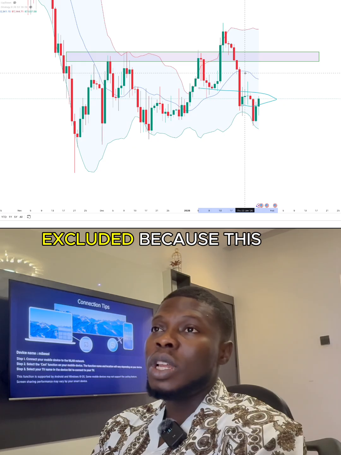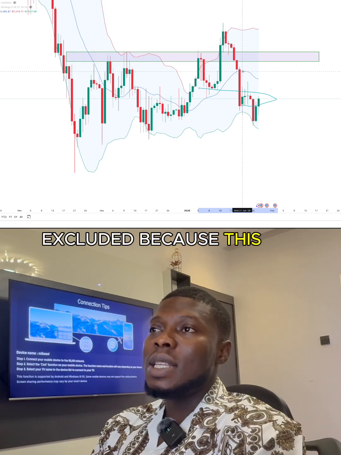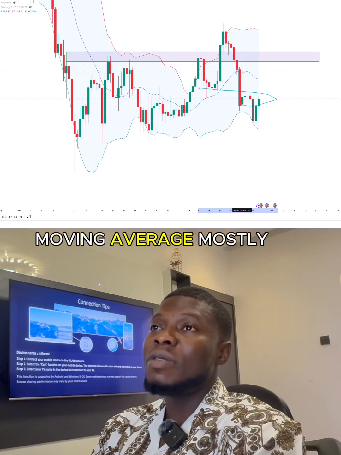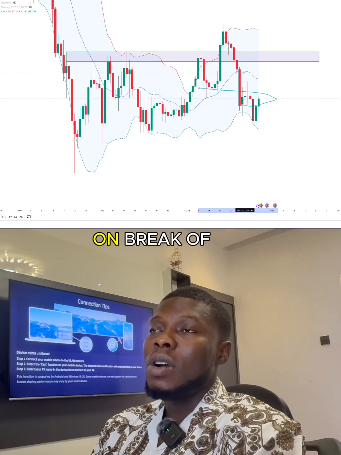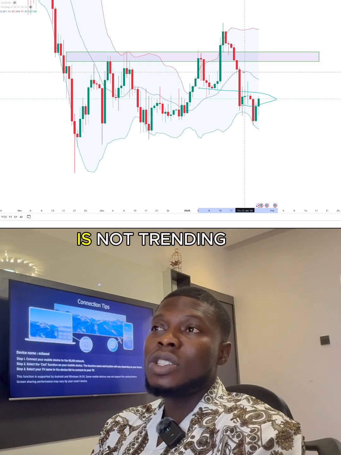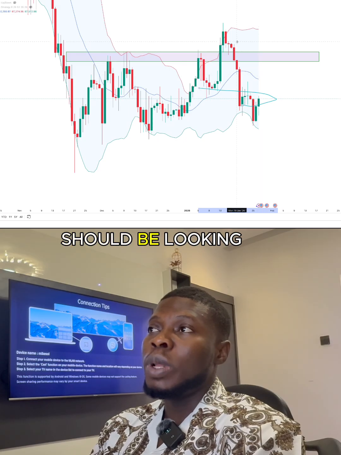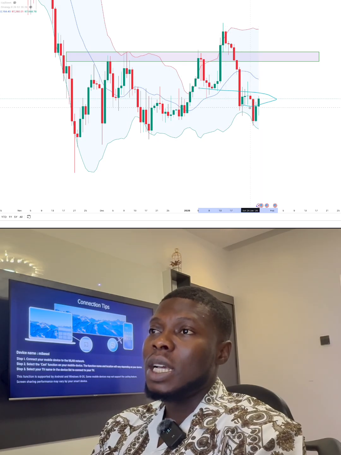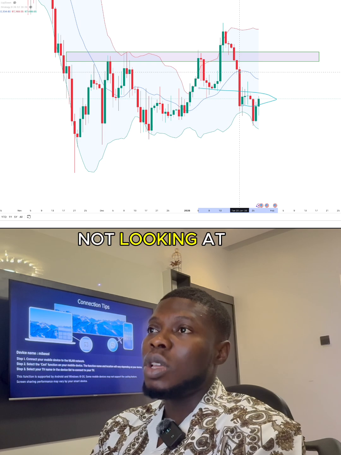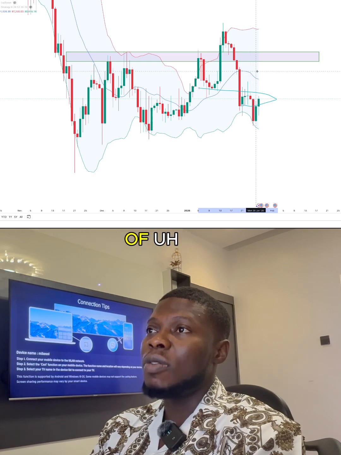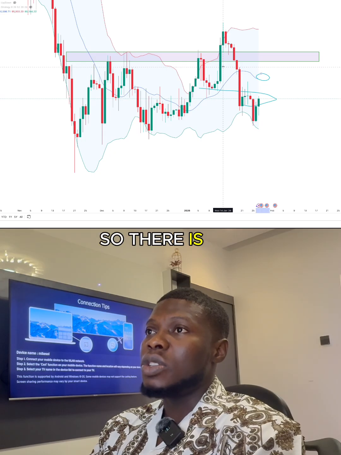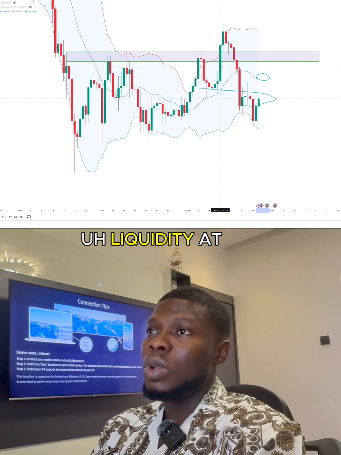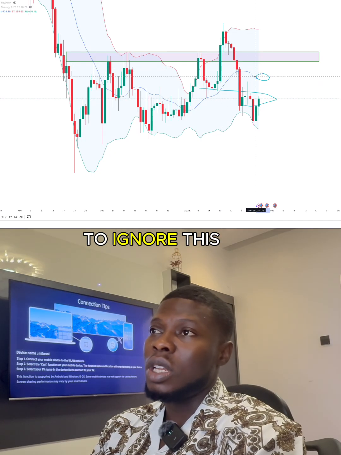Why is it excluded? Because moving average mostly works on a trending market, on break of structure. If the market is not trending, you should be looking at the upper band and the lower band. So I'm not looking at this. This is the first area of the moving average, on the middle. There is no zone here, there is no liquidity at this level, so I'm going to ignore this.